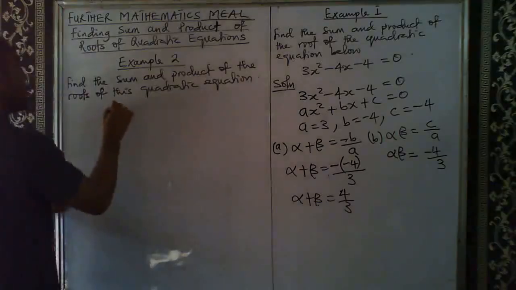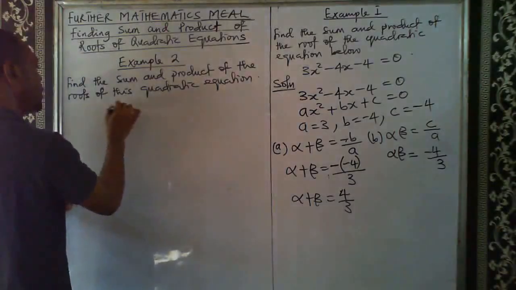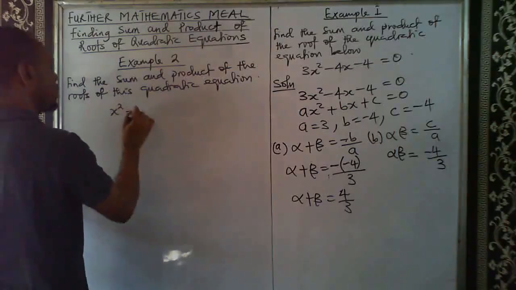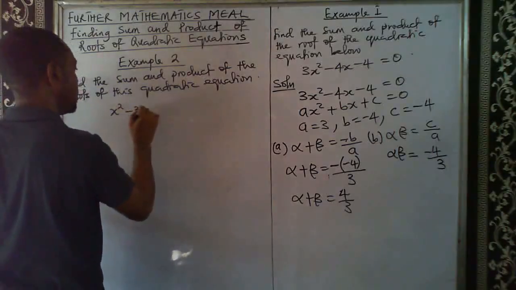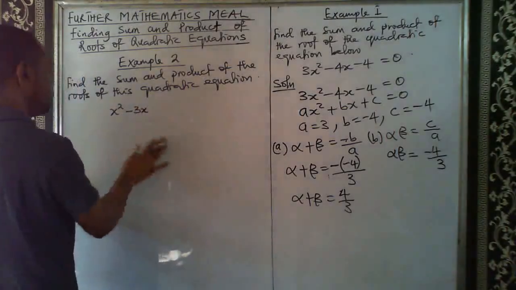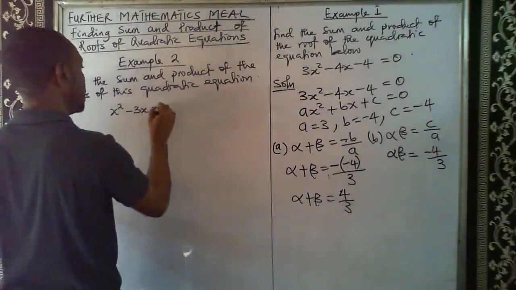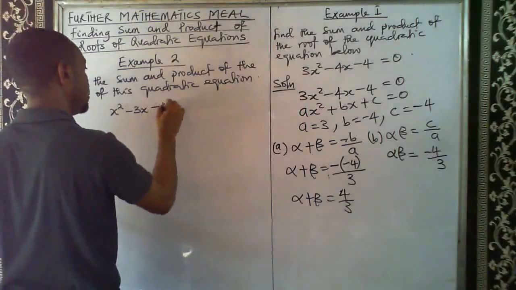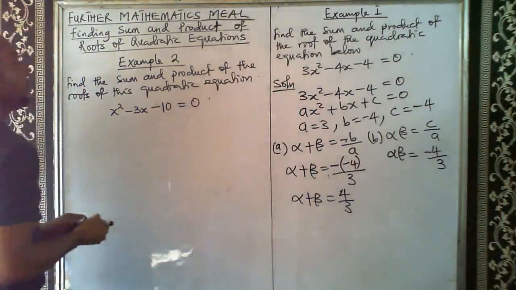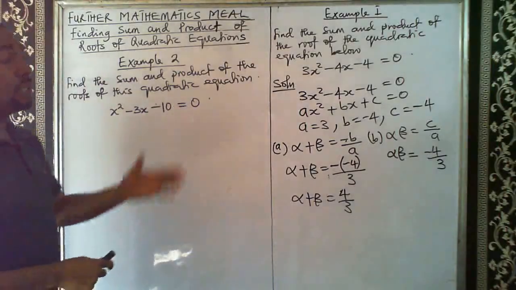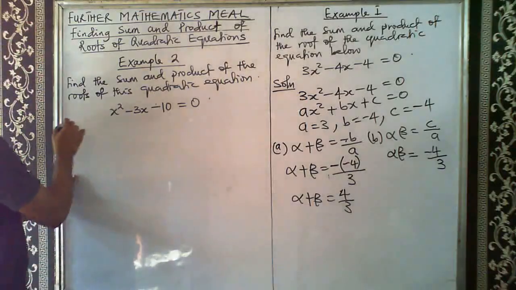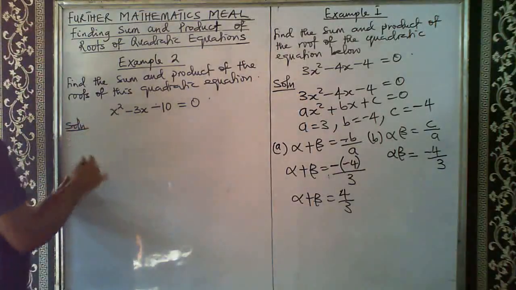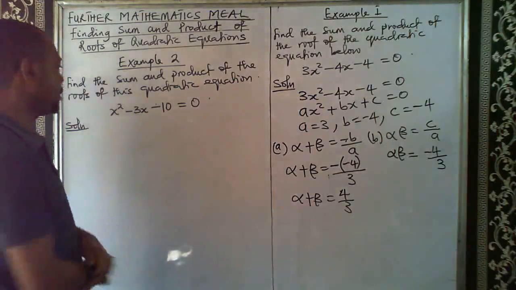So we have x squared minus 3x minus 10 equals 0. This one will be very straight, very easy to deal with.